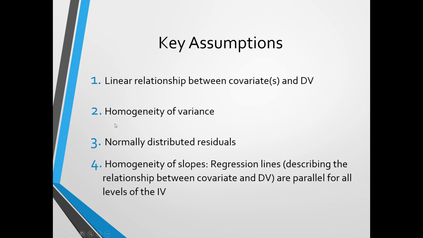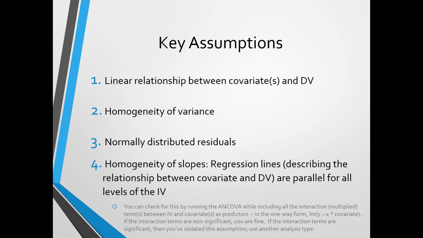Essentially, the linear relationship between covariates and DV does not change based on the different levels of the IV. You can check for this by looking at the interaction term between the IV and the covariates, and I've given you a form with which to do so in RStudio. This is one more thing you can check for the assumptions of ANCOVA.